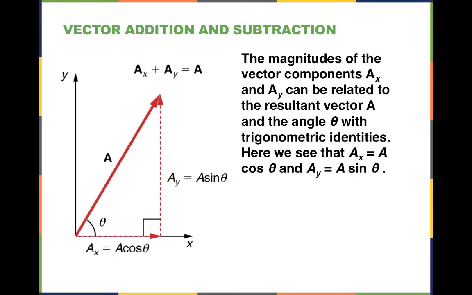As you know, the sine of an angle is the opposite, which in this case is AY, divided by the hypotenuse, which is A, and therefore AY would equal A times the sine of theta. Similarly, the cosine is the adjacent, which is AX divided by the hypotenuse, and then rearranging the equation you get AX is equal to A cosine theta.